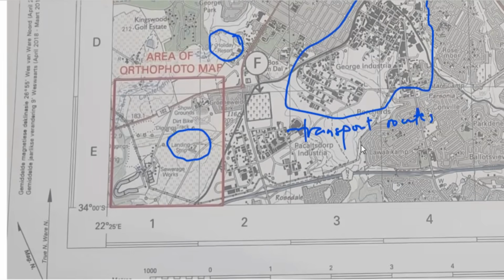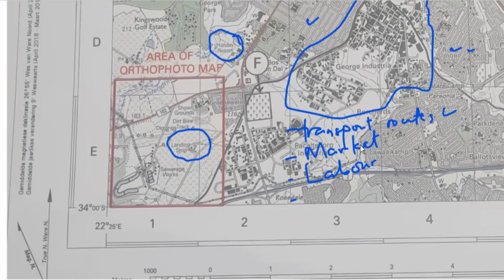You see this area is well linked with transport routes. So it's factor number one. And then we can also look at the market. These are residential areas. They are potential clients for the products from the industry. And also we can talk of labor. All these residential areas can supply labor to the industries.